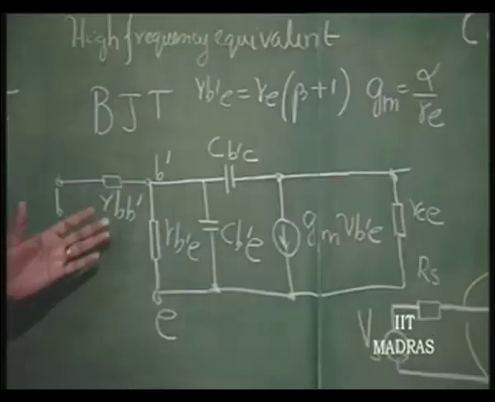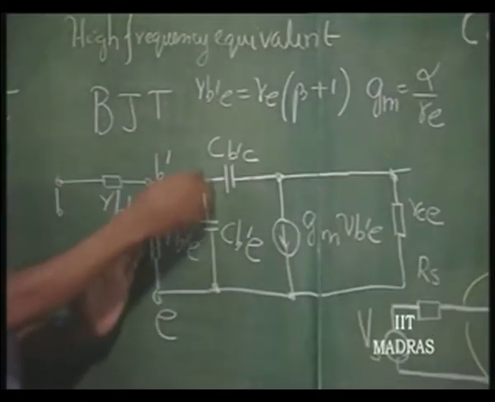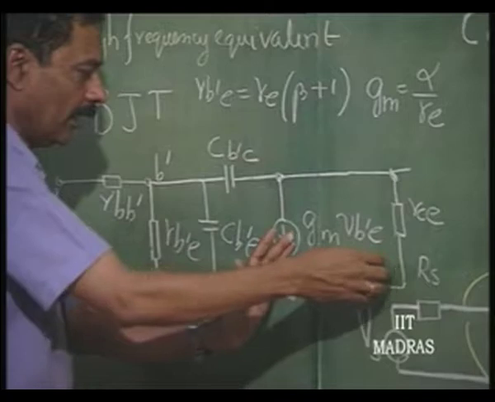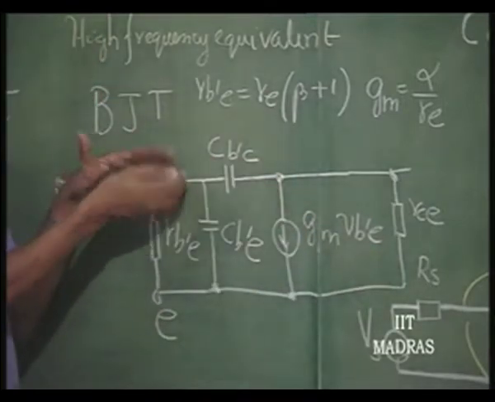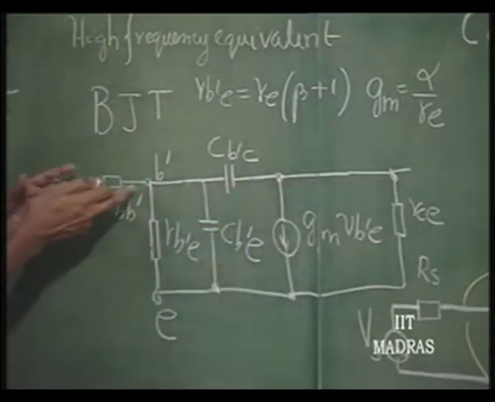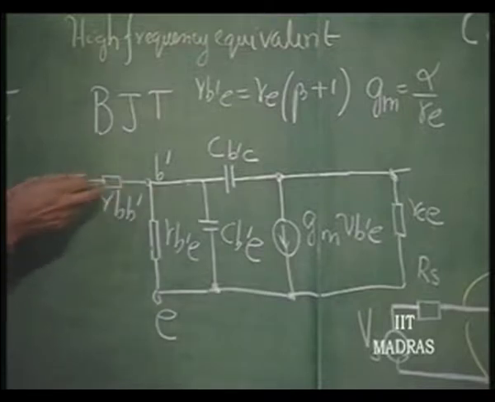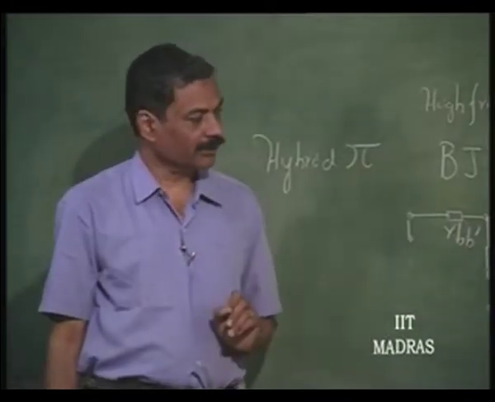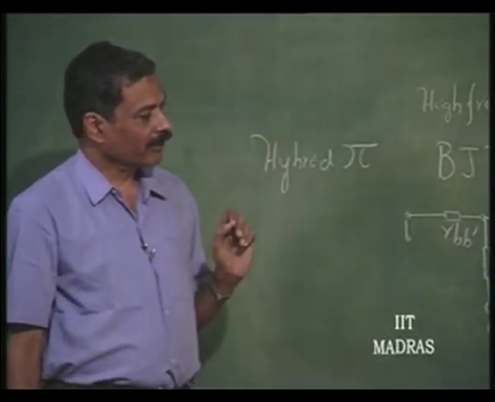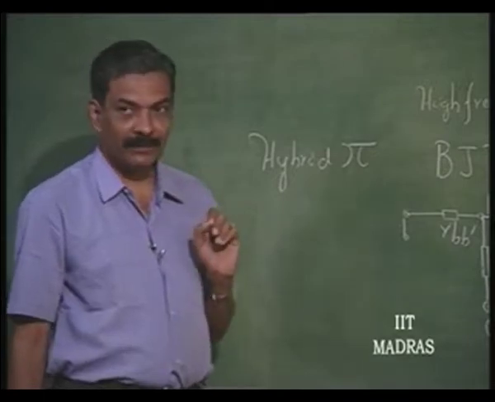Hybrid because this arm and this arm form a pi, but there is a T added to this, an L added to this. So, it is called the hybrid pi equivalent circuit, which is the most commonly used equivalent circuit for a common emitter transistor at high frequencies.